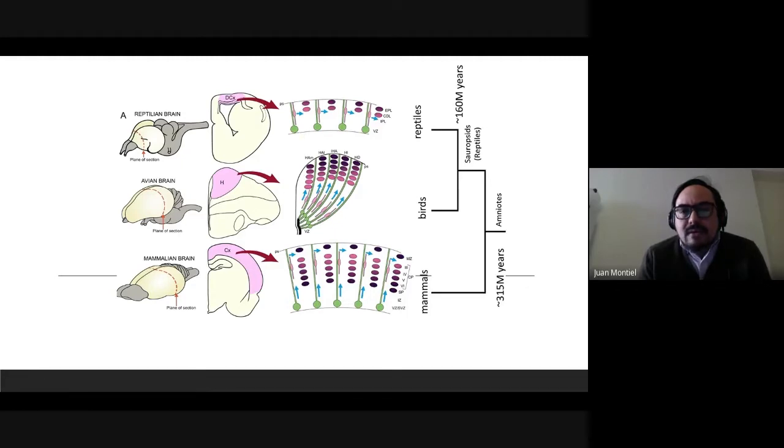It has only 3 layers, an external plexiform layer and an inner plexiform layer that don't have so many cells. They have projections mostly, and they have a central layer, which is the cell dense layer that has the neurons actually. So it's not as complex as the mammalian cerebral cortex.